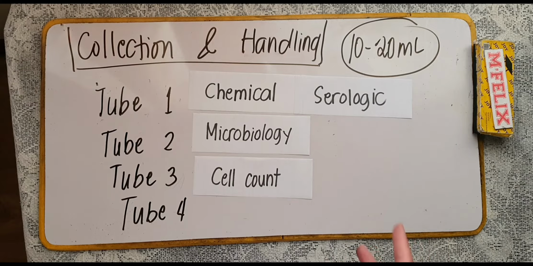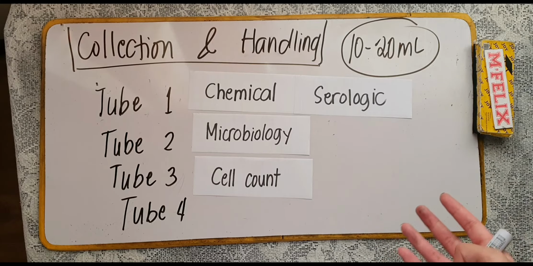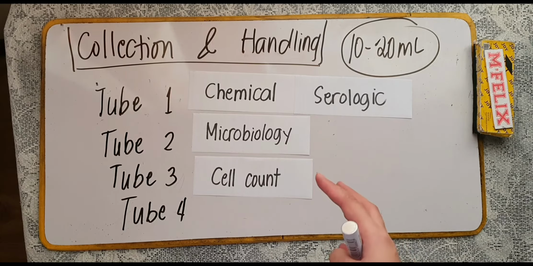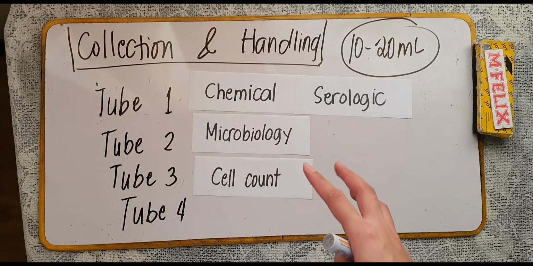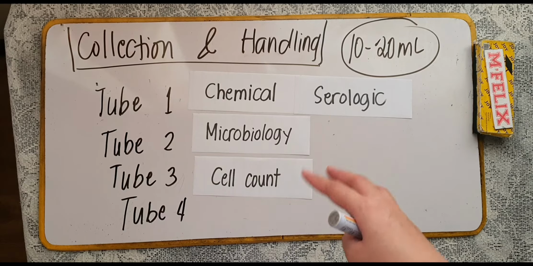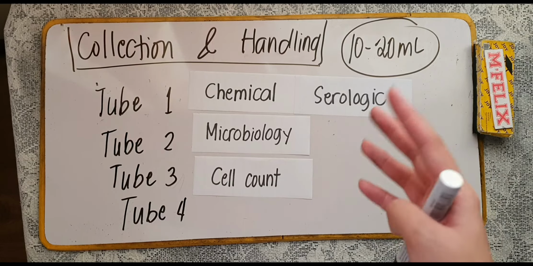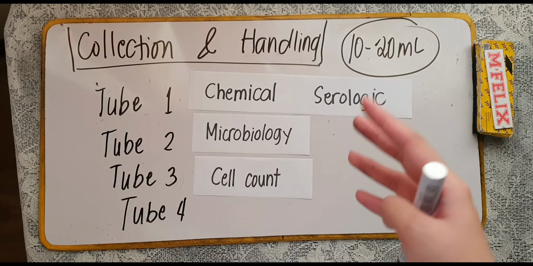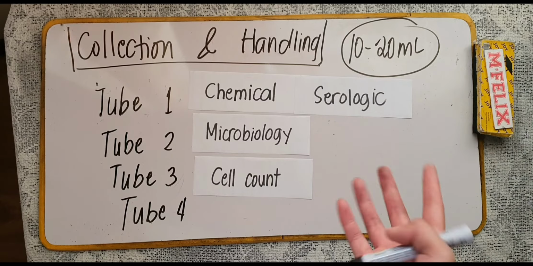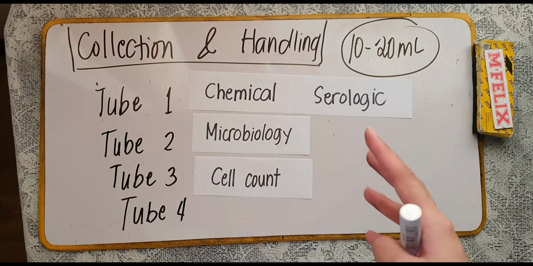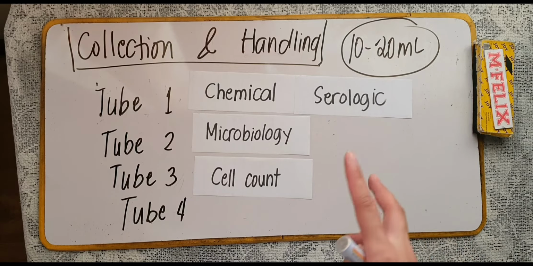Okay? So, for example, may repeat testing, ganyan. So, pwede natin gamitin yung excess sample natin. Now, for the storage of these samples, may kanya-kanya din silang proper storage. Okay? Now, ideally, these tests are performed on a stat basis. Dapat stat yan lagi. However, if this is not possible, specimens are maintained in the following manner.